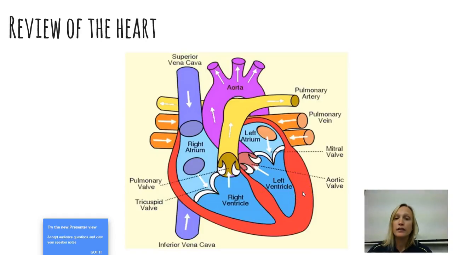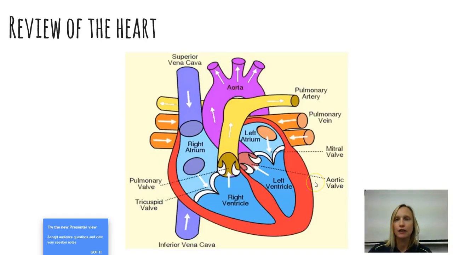So for that chamber there to pump blood to the entire body, we need to remember that it's travelling a long way, and it also needs to have a pump force strong enough to go against gravity, because it's got to pump blood hard enough to travel down, for example, to the feet and all the way back up to the heart against gravity when you're standing. Okay, it's not like we have a heart in our toe helping to pump blood back up to the heart. We don't. So that one pump from your heart needs to have enough force to get it down to the feet and back up to the heart.